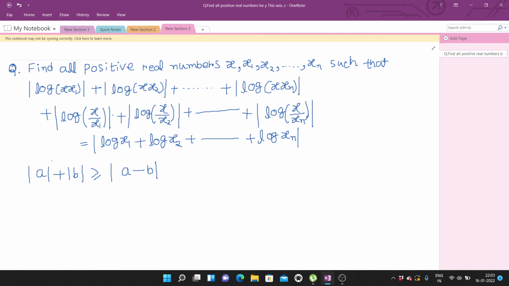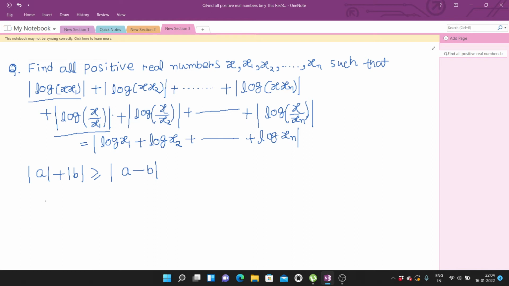Now look closely at this equation. This is a term involving x and x1, and this is another term involving x and x1. So we are going to put them together in our solution.